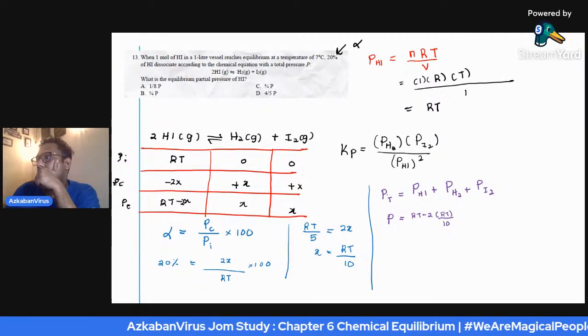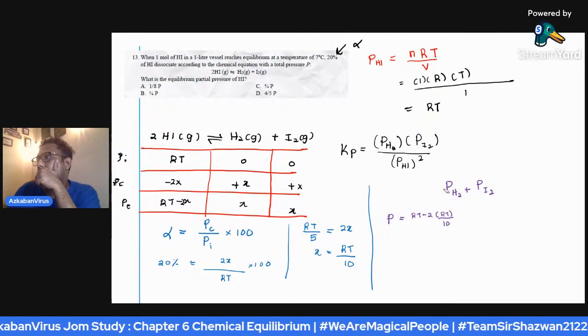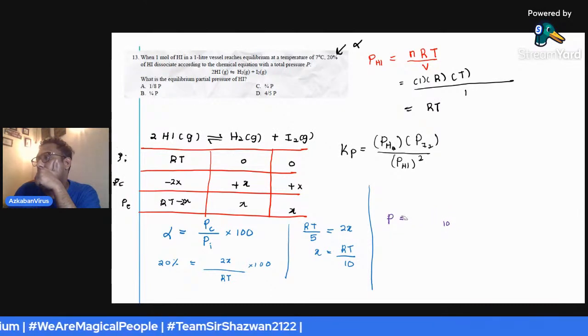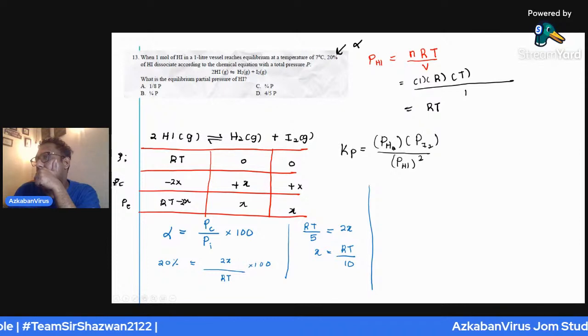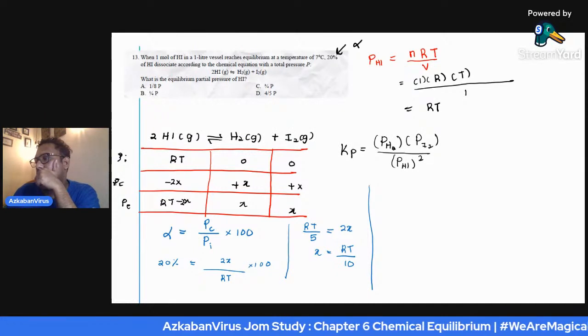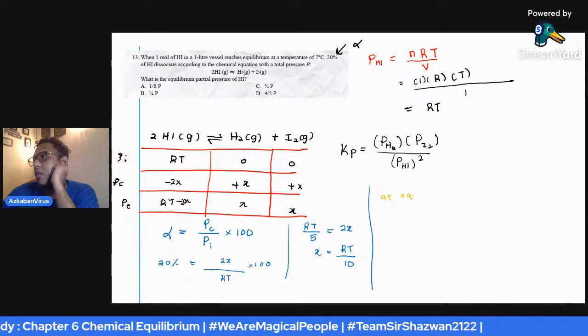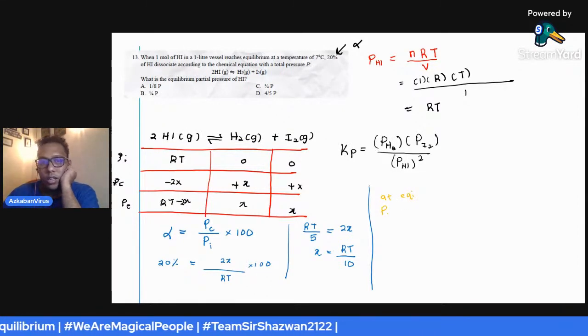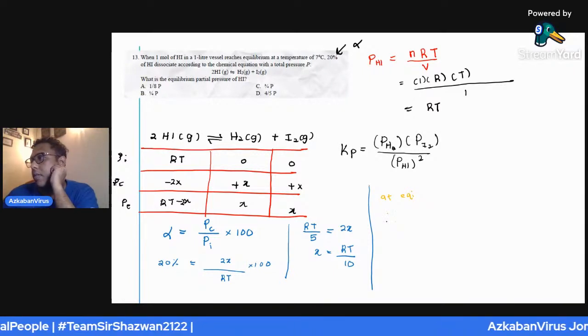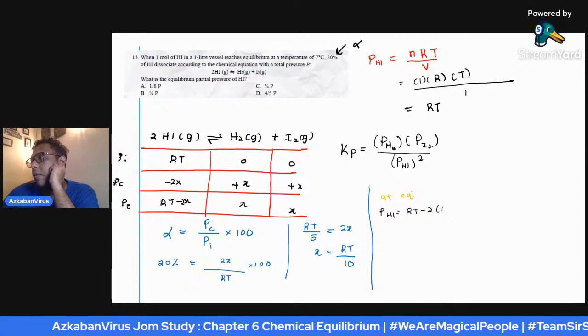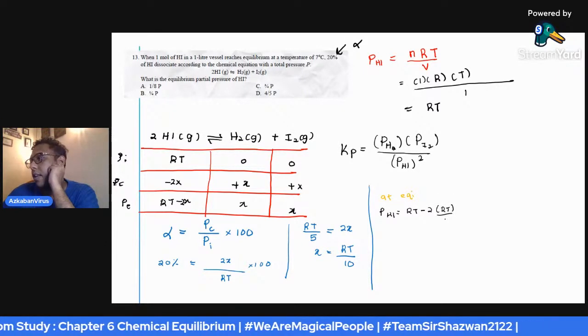Don't need to do this. This is just math. So, at equilibrium, P_HI is equal to RT minus 2 times RT over 10.